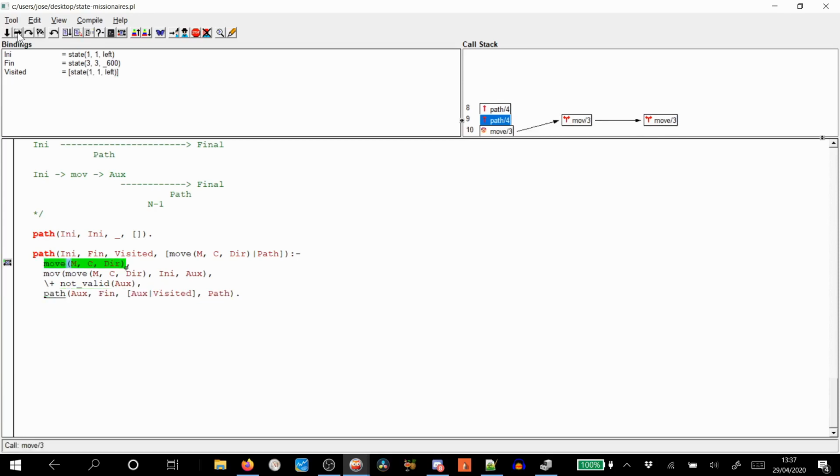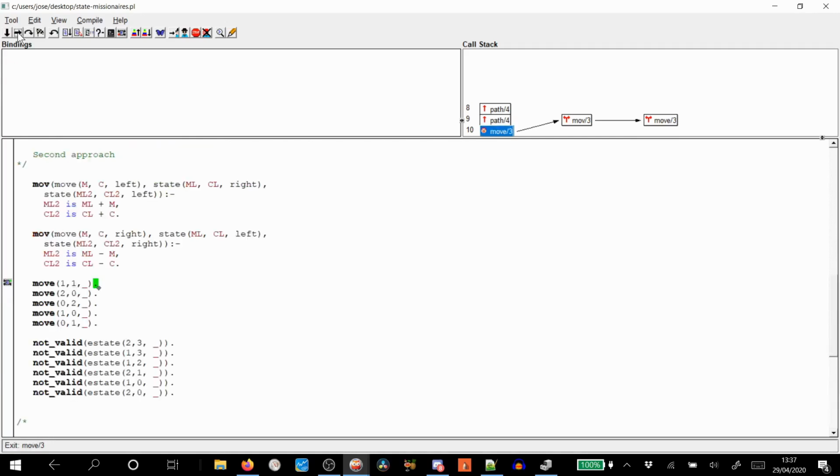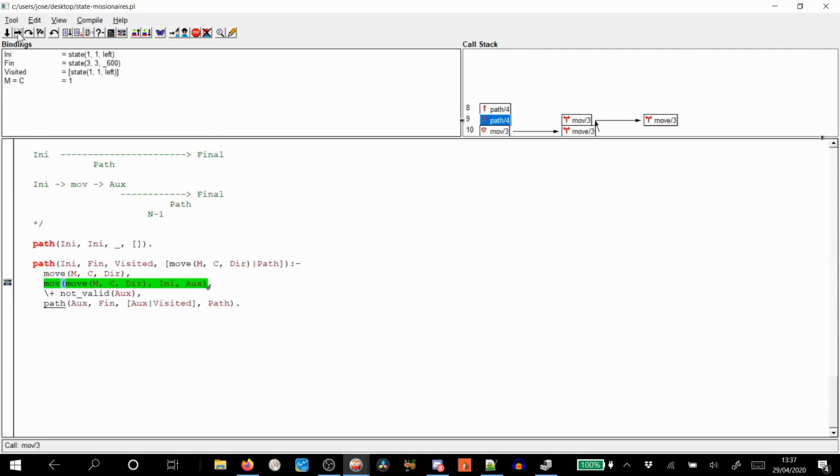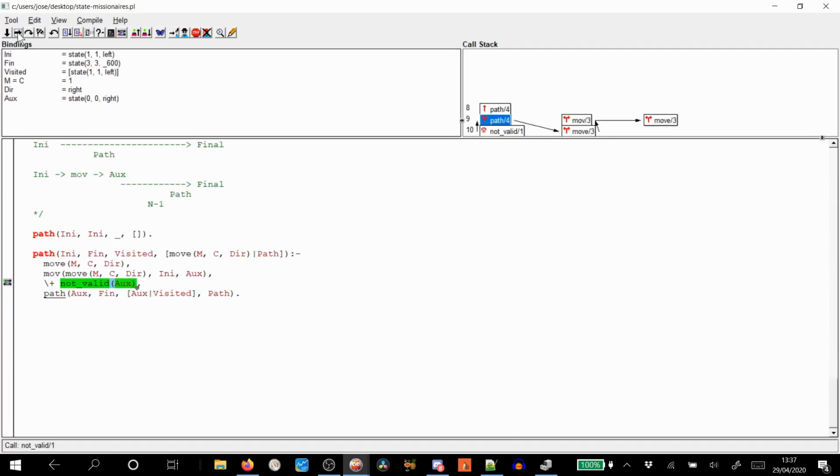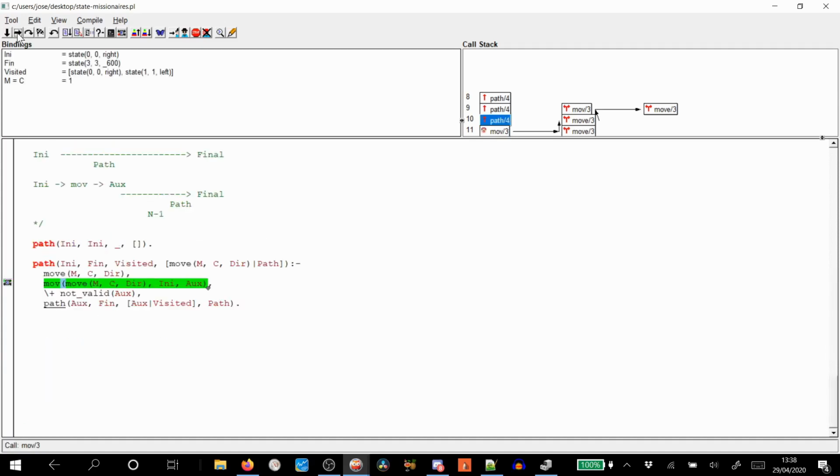And now let's try to move 1, in this case to the right. That state is valid. Okay, that's okay. Perfect. And now let's try to move again 1 and 1.